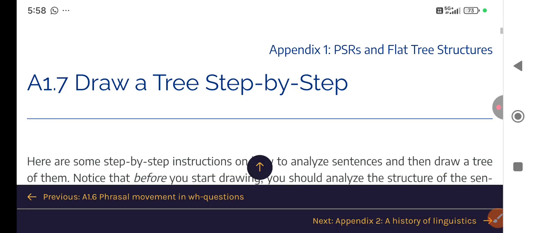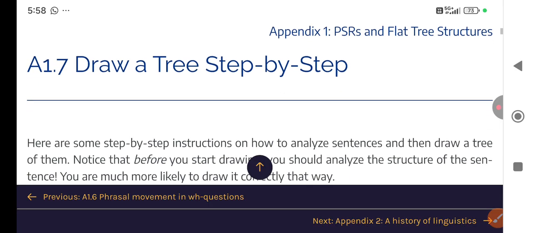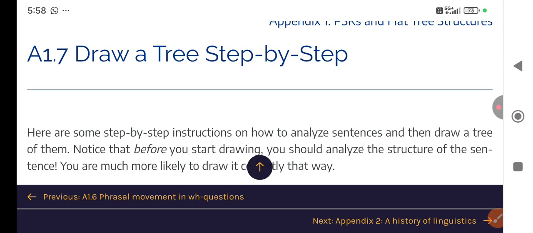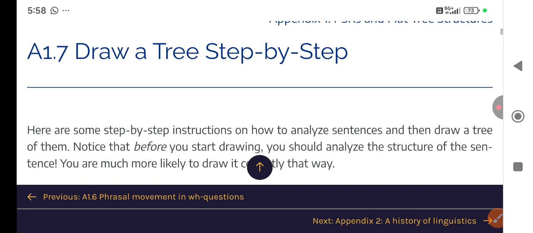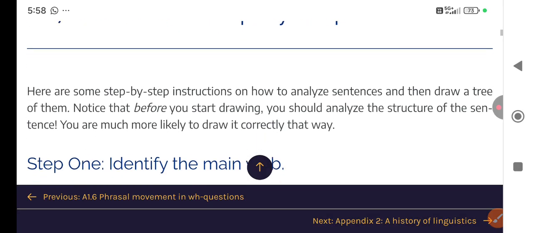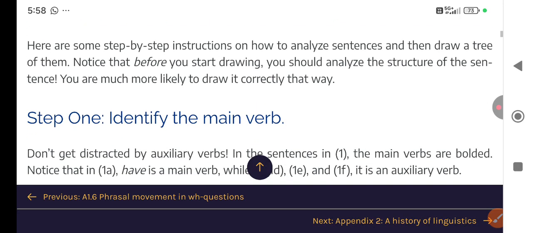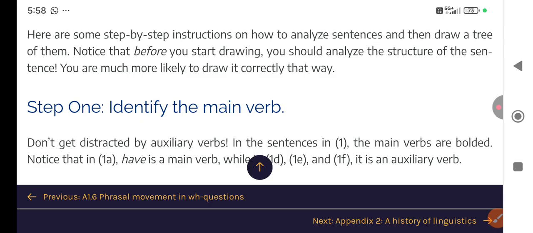Today, with this file, we will try to understand how to draw a tree diagram for IC analysis. So, let us start. Here are some step-by-step instructions on how to analyze sentences and then draw a tree of them.